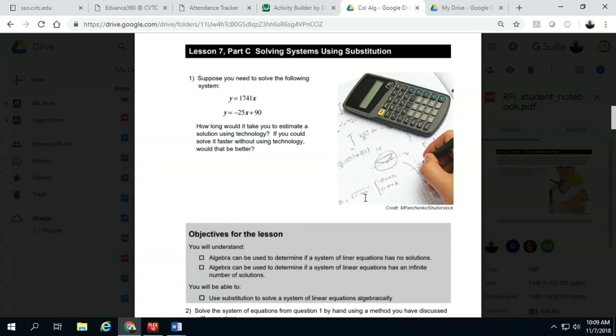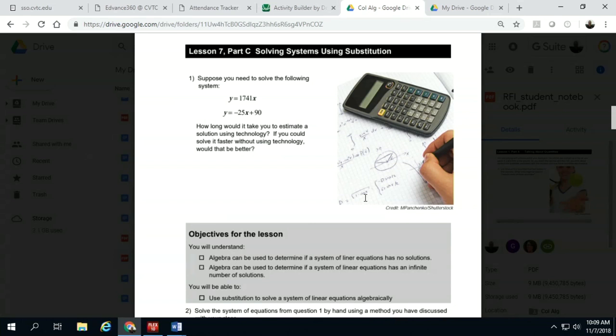How long would it take you to estimate a solution using technology? What they say is that you can do it much quicker by hand. Okay, that's possible. I don't think I could.